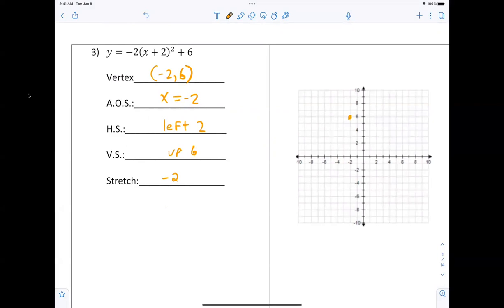That's not a problem, right? Now you go over 1 and left 1, down 2. Now if you go right 2, I'm going to go down what? Down 8.